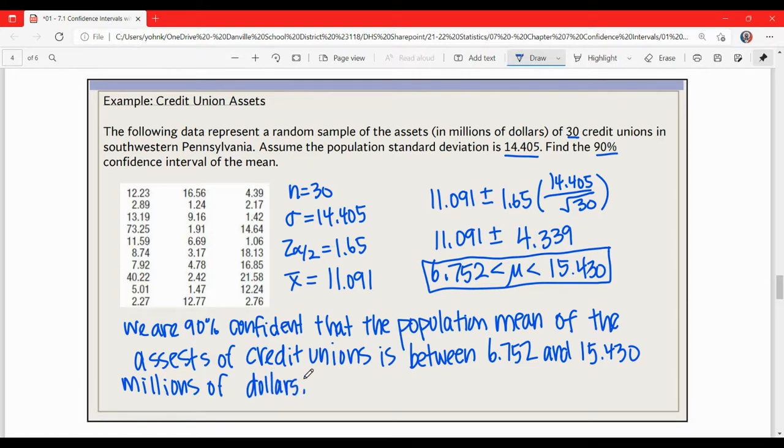We are 90% confident that the population mean of the assets of credit unions is between 6.752 and 15.430 millions of dollars.